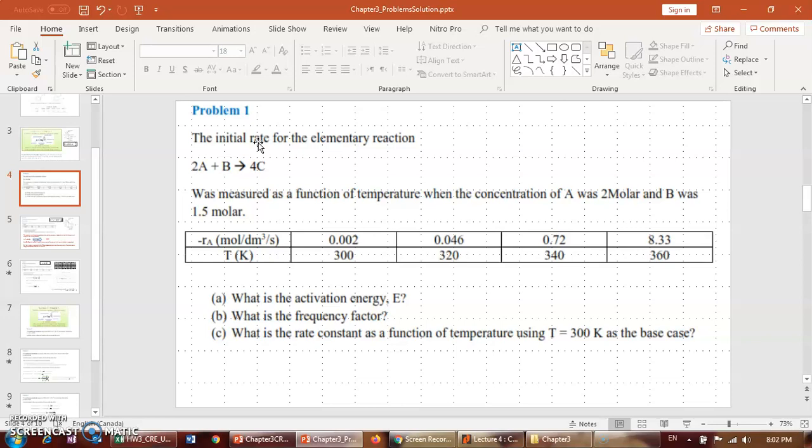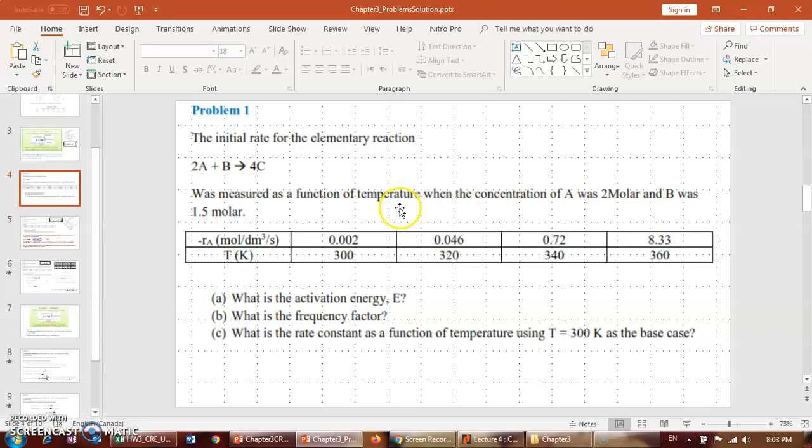Every data point is for a new set of reaction, starting at temperature 300. At the beginning, what is the rate of reaction? And we fix the concentration of A and B. It is an irreversible reaction, so the rate law only involves the concentration of A and the concentration of B.